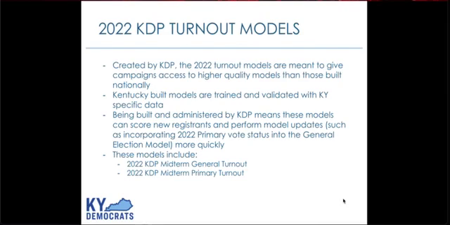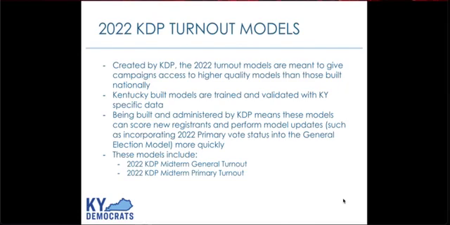With these scores being built and administered by KDP, that gives us the ability to score new registrants quicker and even perform model updates more quickly than if it was created and distributed by a national vendor.